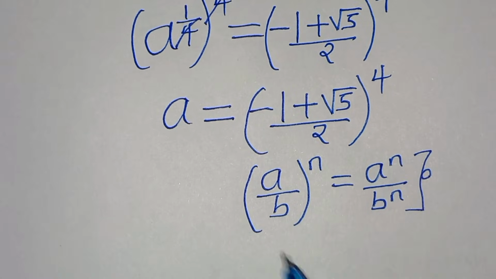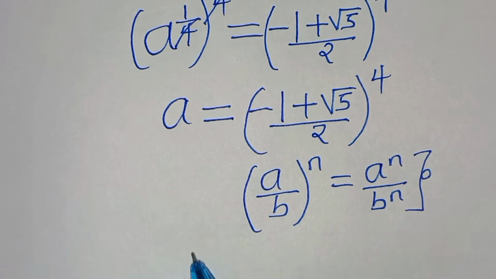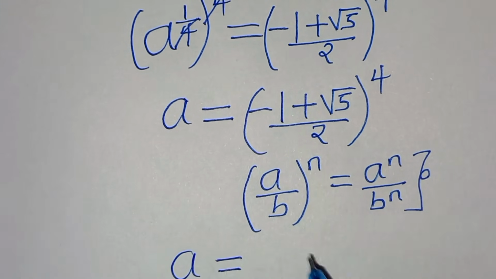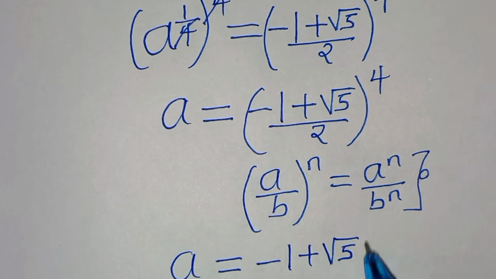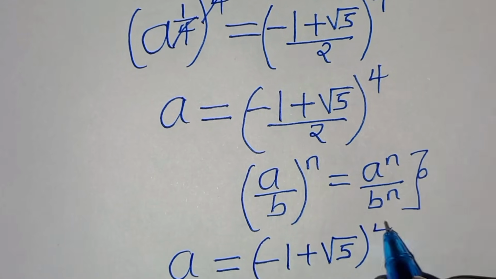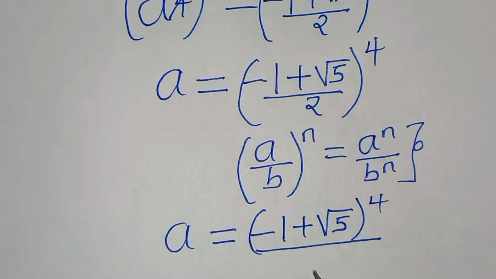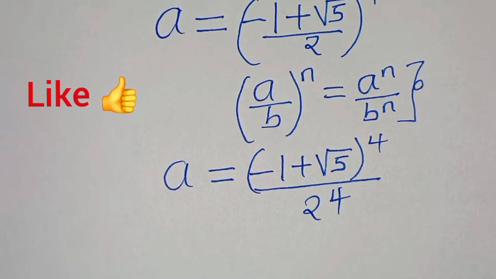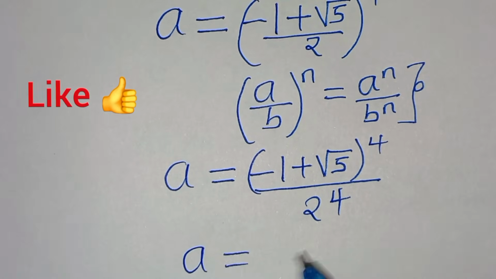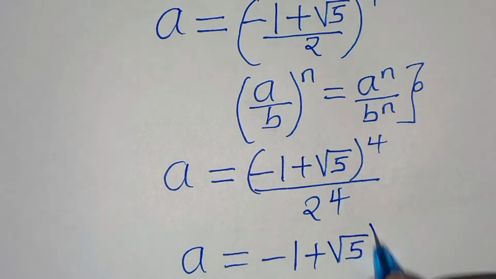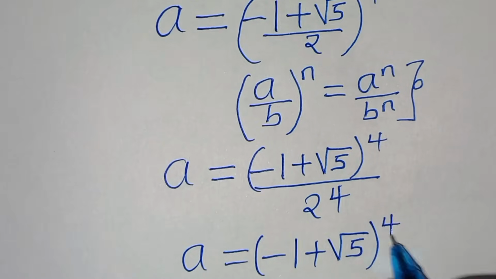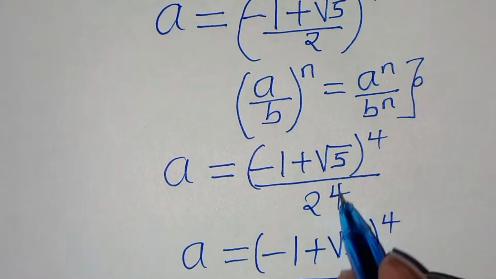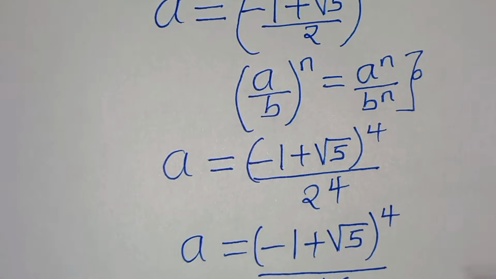So applying this exponent property, this means that a is equal to minus 1 plus square root of 5 raised to the power of 4 divided by 2 to the power of 4, which is equal to 16.